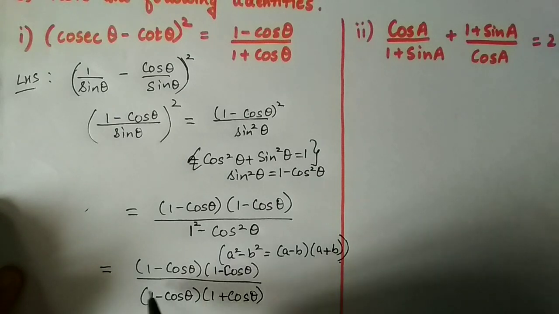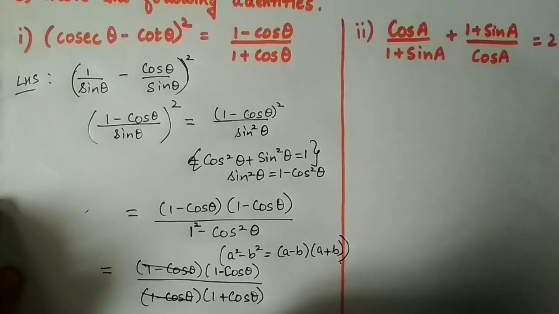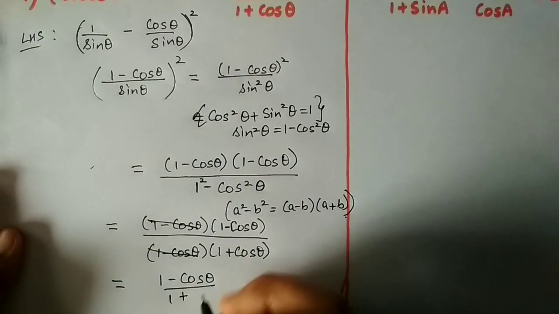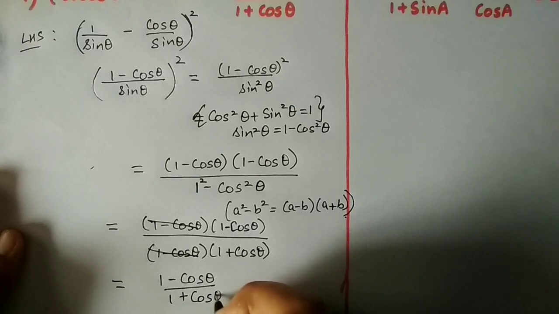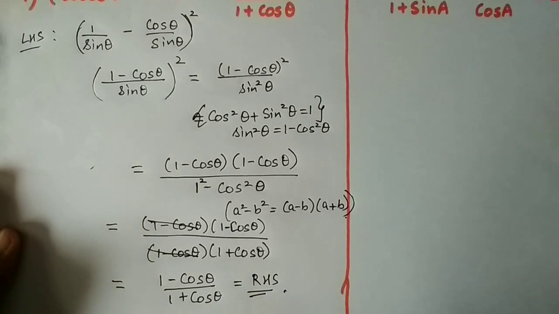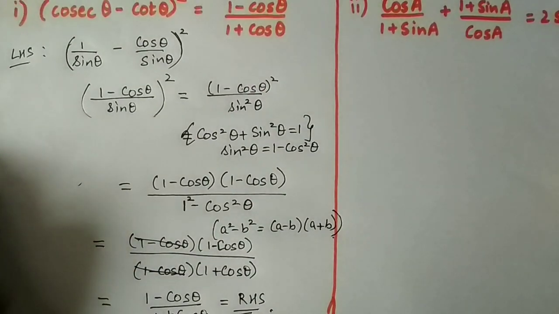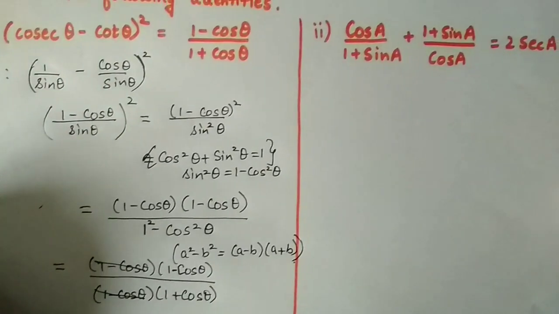Now you can see that one term is getting cancelled and you are left with 1 minus cos theta upon 1 plus cos theta, and that is equal to the right hand side, hence proved. Okay, so always remember to convert the trigonometric ratios into the simplest form, then solve it and then apply some identity and you will get your answer very easily.